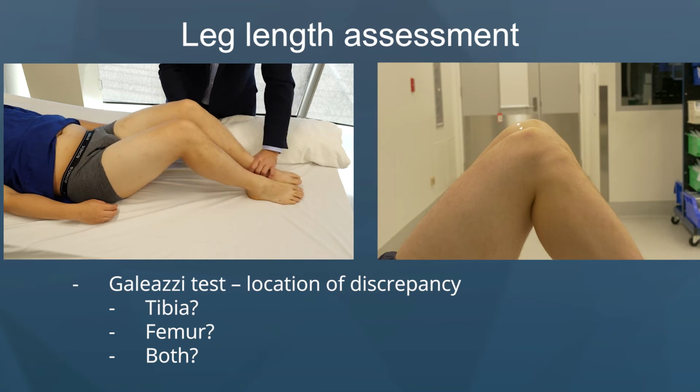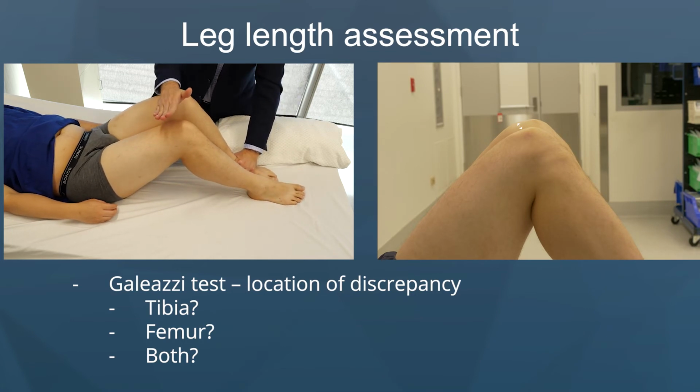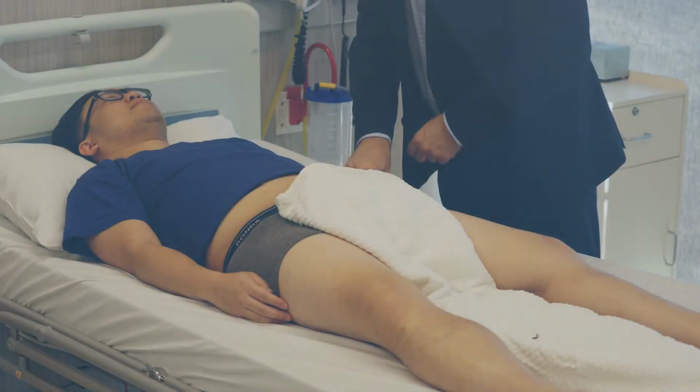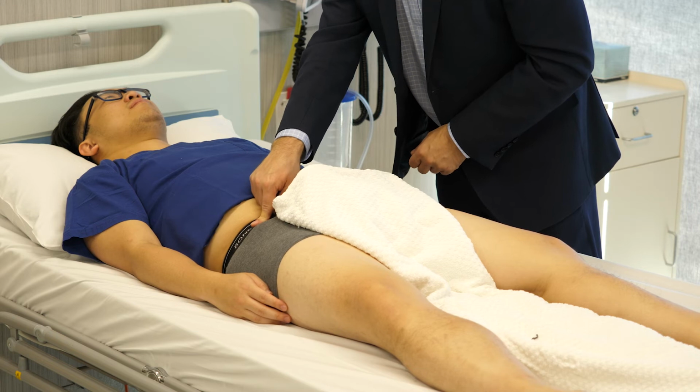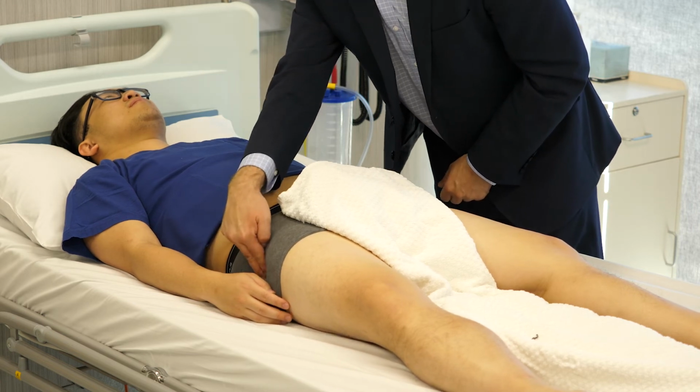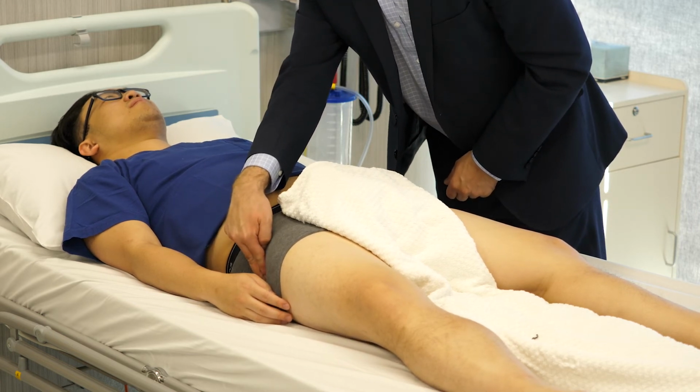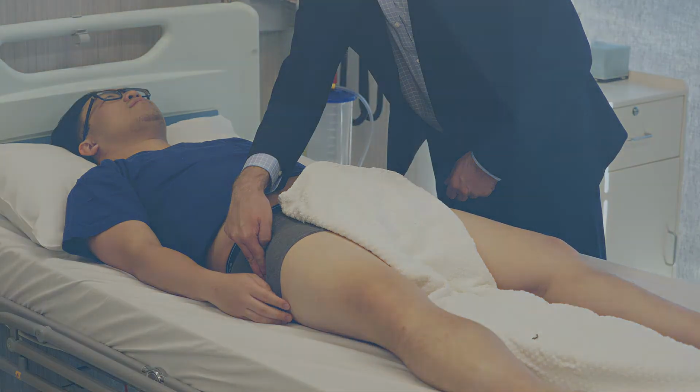Please note, if shortening is in the femur, it can also be above or below the greater trochanter. Assess this by palpating the anterior superior iliac spine with your thumb, the greater trochanter with the middle finger, locating Bryant's triangle, and compare to the contralateral side.